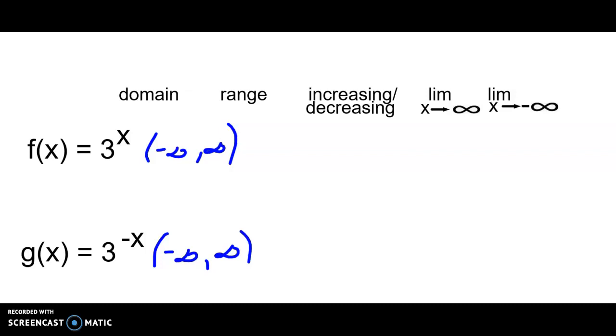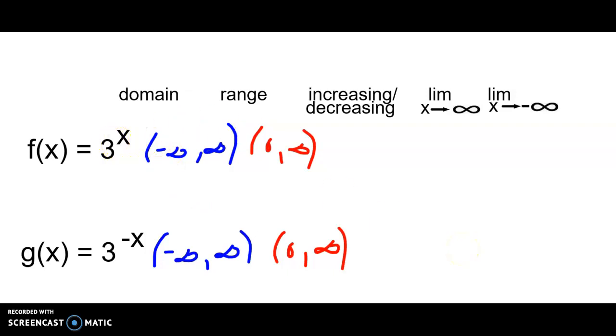So it's going to be 1 over something. So the range is 0 to infinity with a parenthesis. Please put a parenthesis. The 0 is not included. You're never going to get 0. Even if I have negative 100 in here, that's 1 over 3 to the 100th. That's very tiny, but it's not 0.